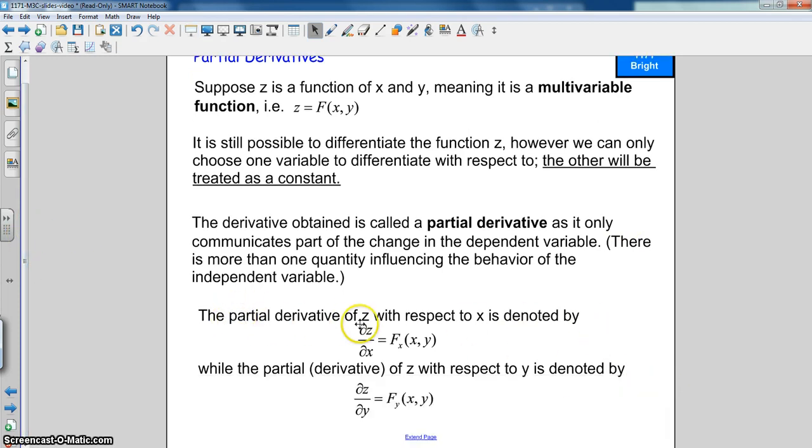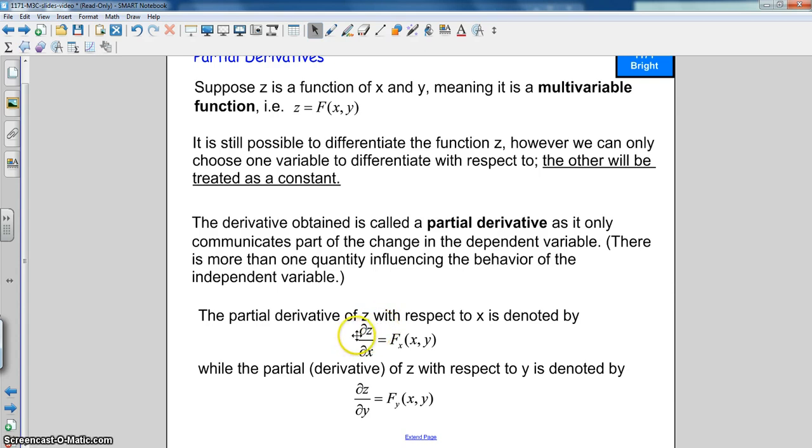This is where the language comes into play more so than before, and we're going to be very particular with our language here. The partial derivative of z with respect to x is denoted by a curly d over z, curly d over x. I was told to pronounce this curly d as del, D-E-L.